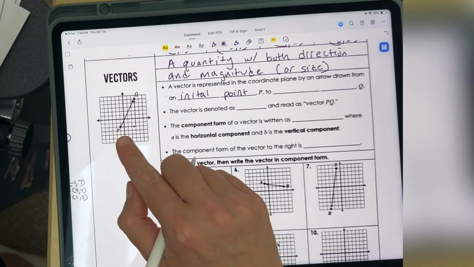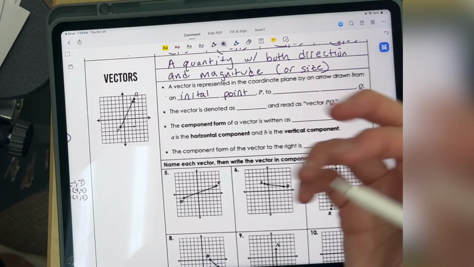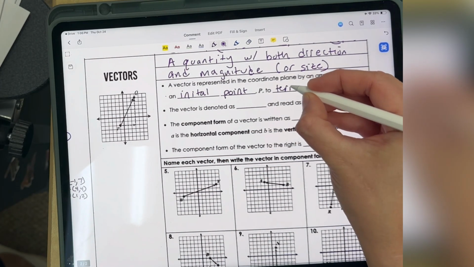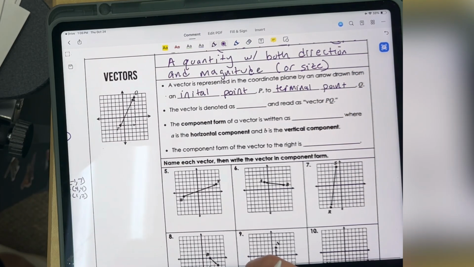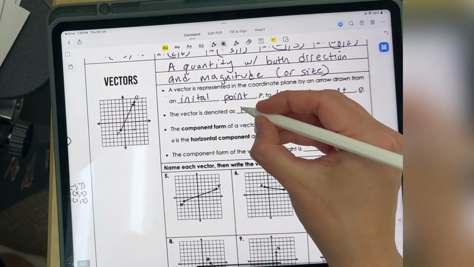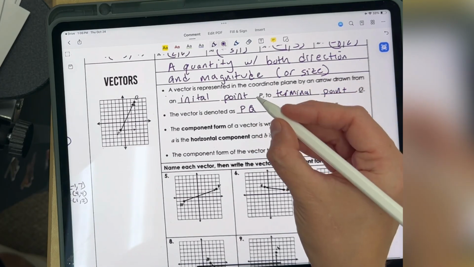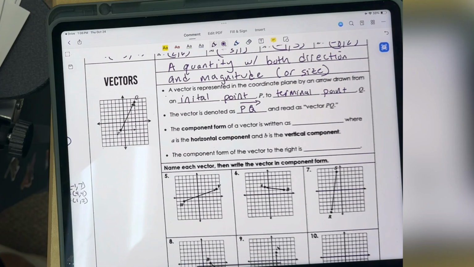And in this case, it's going to be the letter P, okay? And then to the terminal point, Q, okay? The vector is denoted as, again, it looks just like an array. So you have where you start and what direction you're going in.